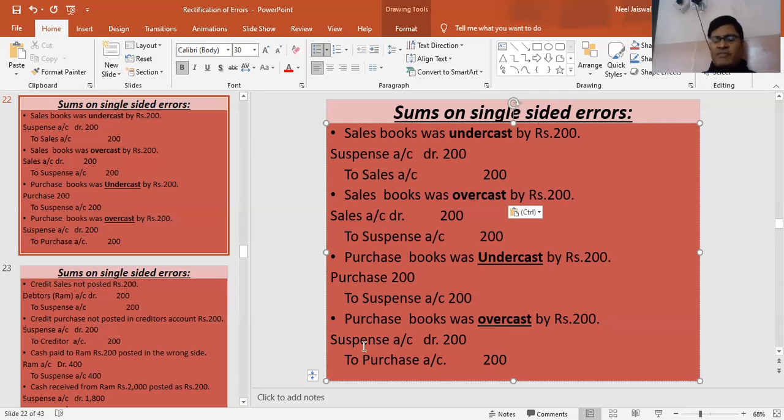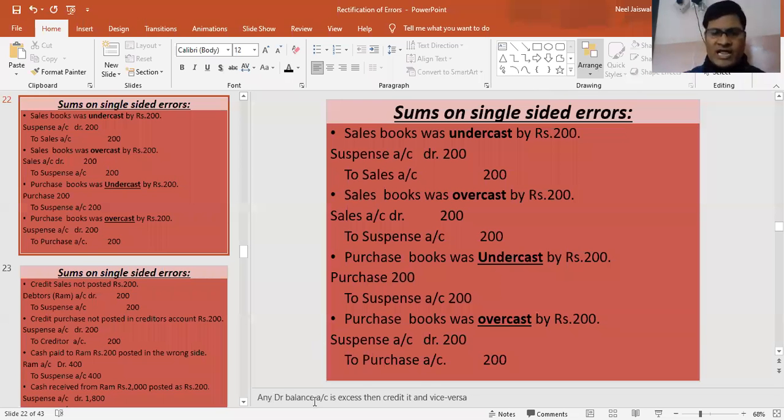Any account already showing more, we have to credit it. The punchline is: any debit balance account, if it's in excess, then credit it, and if it is in deficiency, then debit it.